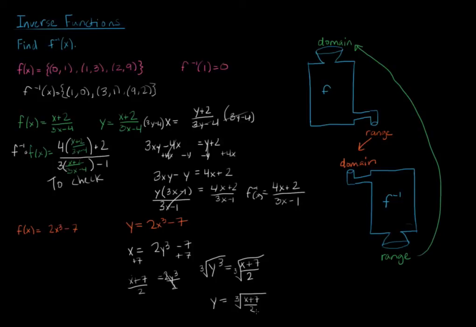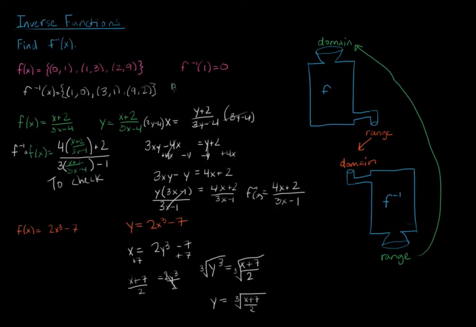Okay. So now let's talk a little bit about those domains and ranges. So you can't get away from domains and ranges. And in this case, going back to our very first example, our domain of f is 0, 1, and 2. And our range is 1, 3, and 9. So for the inverse function, it's the opposite, right?